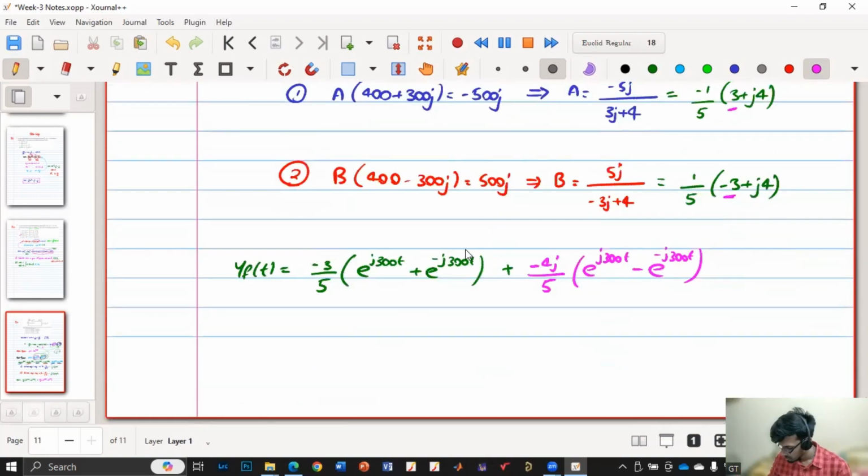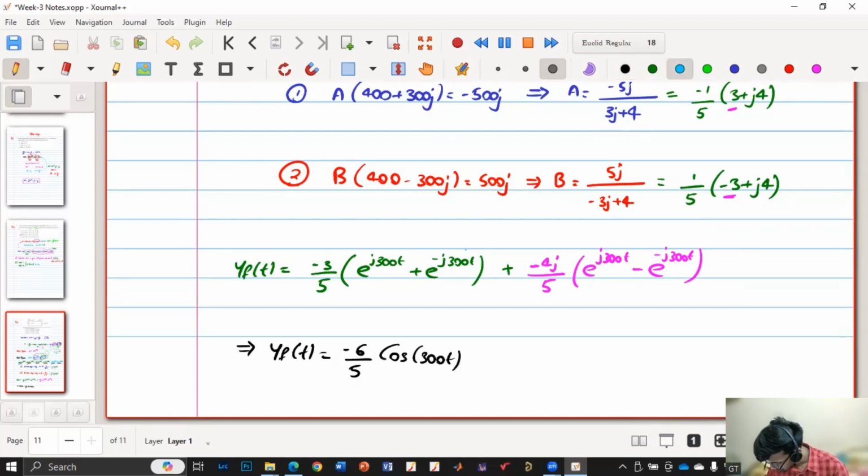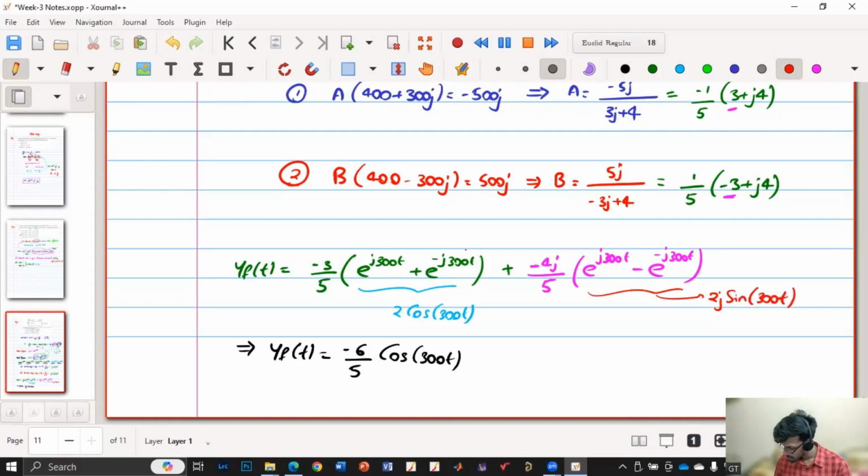Okay, so now if you calculate this, you will get yf of t equals 2 times minus 6 by 5 cos 300t, so this will be 2 cos 300t, and this is 2j sin 300t. And 2j into minus 4j is 8 because j squared is minus 1.